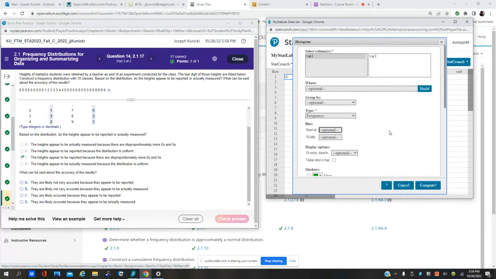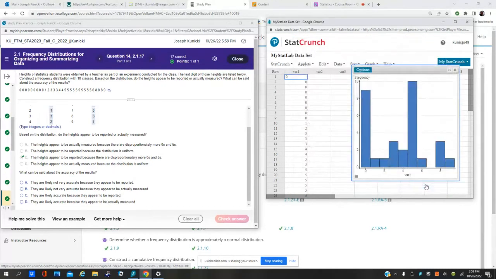The first class is 0, so we start at negative 0.5, and the width is 1 unit. And when I draw them, there's your histogram, and you can see that obviously the zeros and the fives are disproportionately high. If it was uniform because they're equally likely, it'd be flat across the top, at about 3 for each.